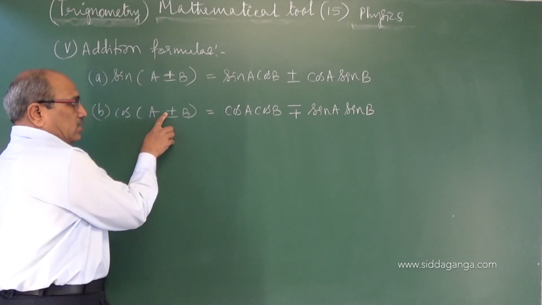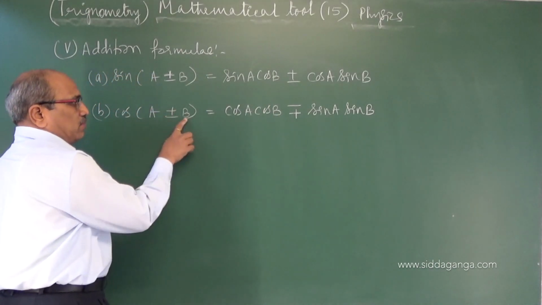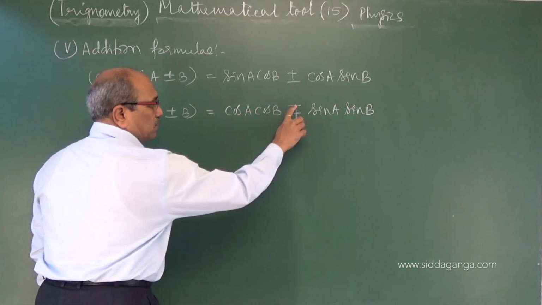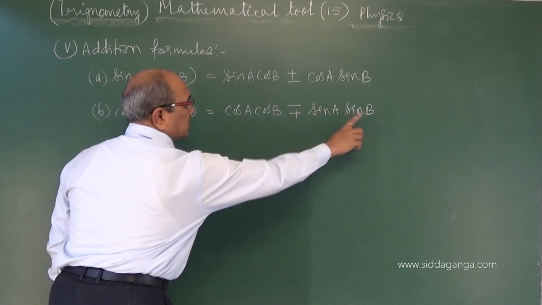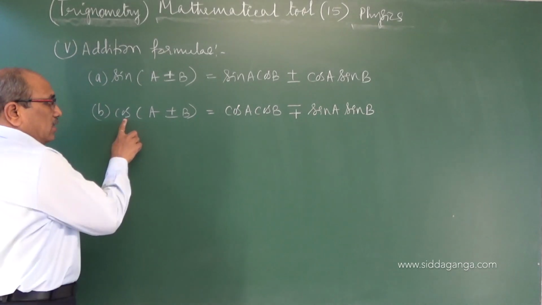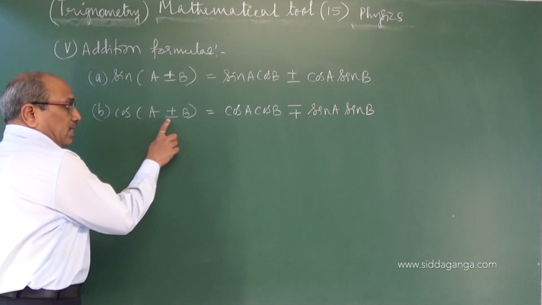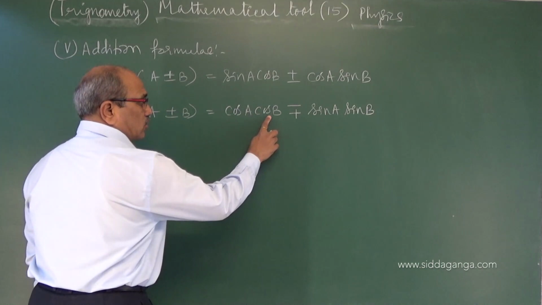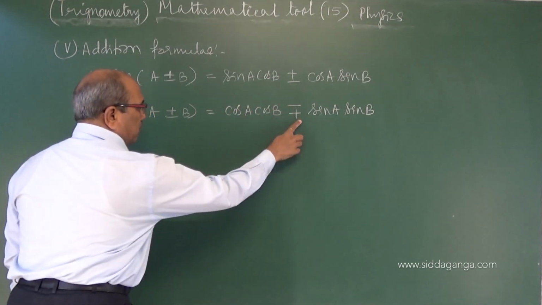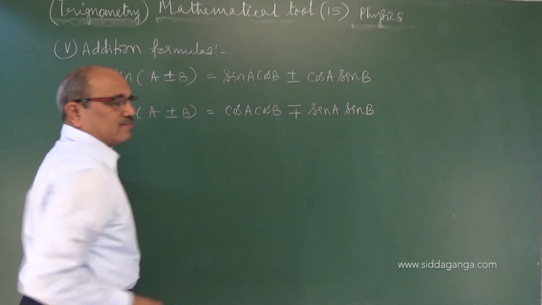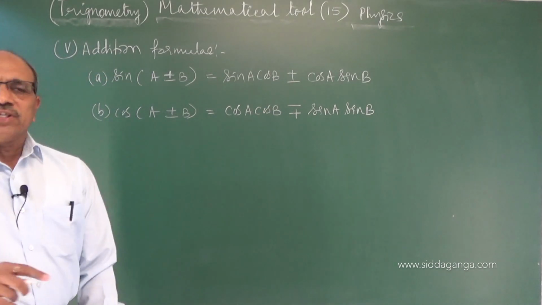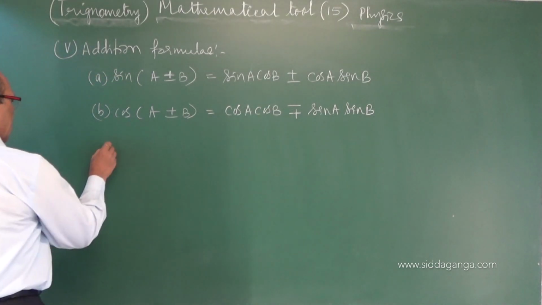Cos of a plus b is cos a cos b minus sin a sin b. Similarly, cos a minus b is cos a cos b plus sin a sin b. If minus, you have to take plus; if plus, you have to take minus. Cos a cos b plus or minus sin a sin b.